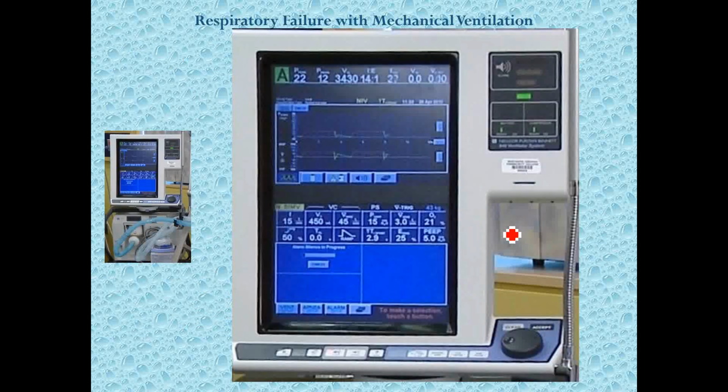Now, when we talk about the ventilator itself, there are several other settings on the ventilator. We've already talked about volume, and you can see that volume and the rate are on this side of the ventilator.